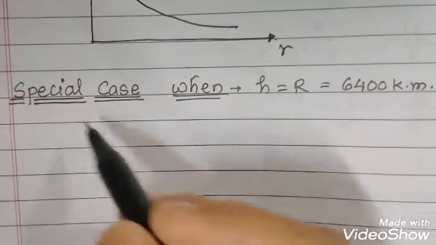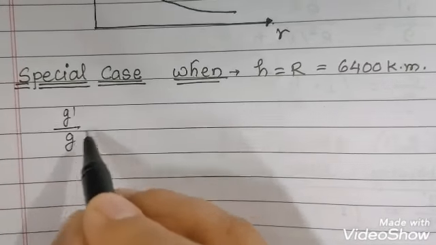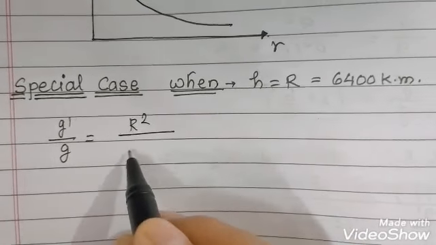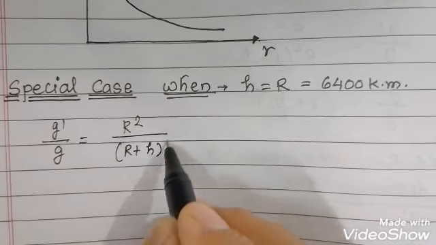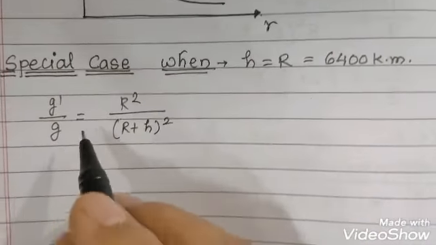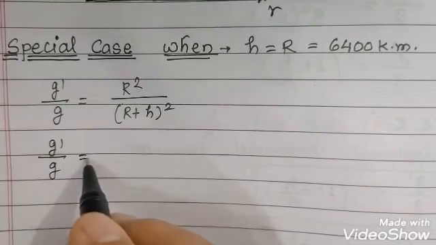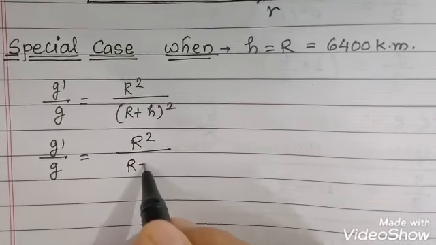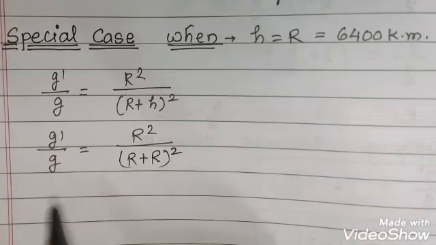In that situation, as we have taken the ratio g dash upon g, that is equal to r square upon r plus h whole square. From this formula we can write here g dash upon g, this is r square, and in place of h we can write r here, squared.